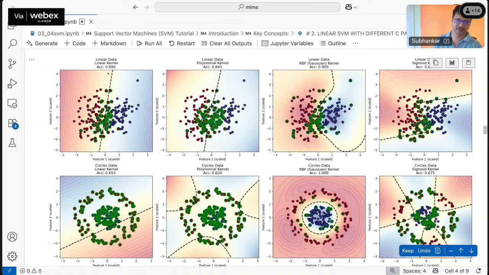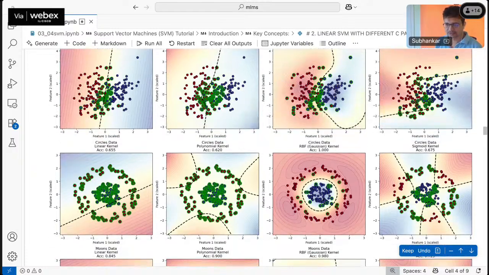This will always be a line. A polynomial kernel will have some polynomial curve attached to the line itself. Then this is the RBF, where the closer the points are, the higher the values. Somewhere in high dimension there is a cut that exists. That cut is eventually a hyperplane in the high dimension, but that cut looks like this.